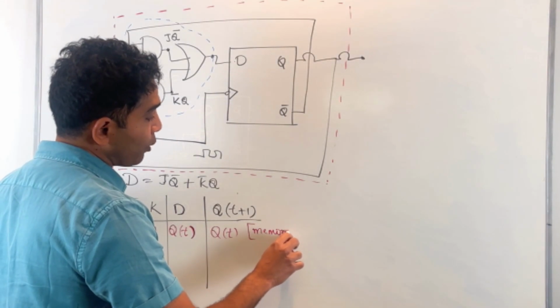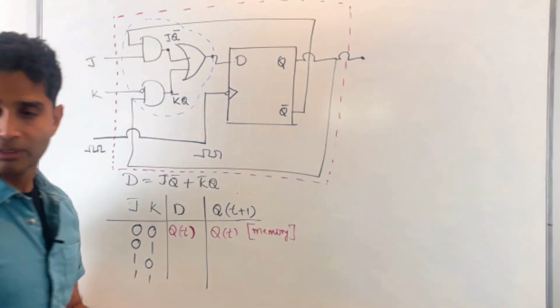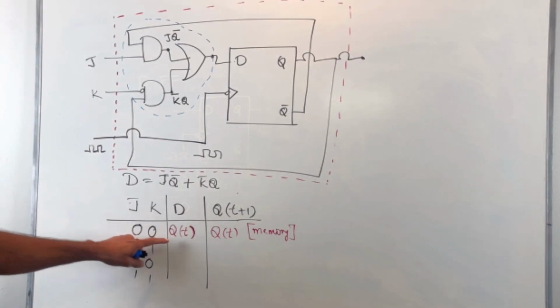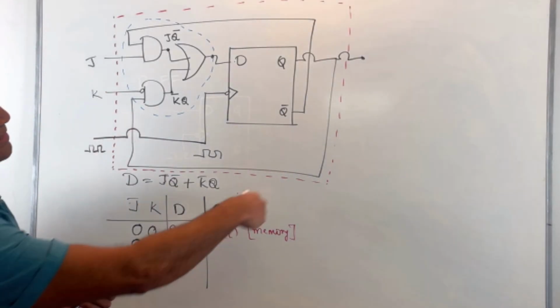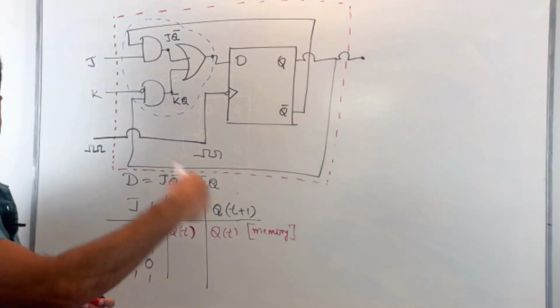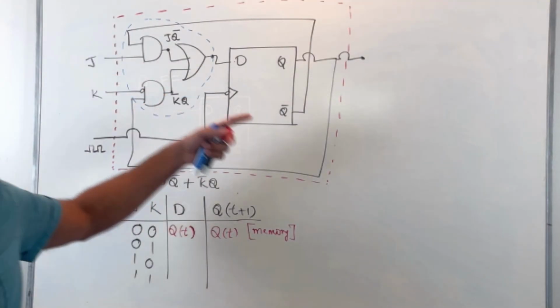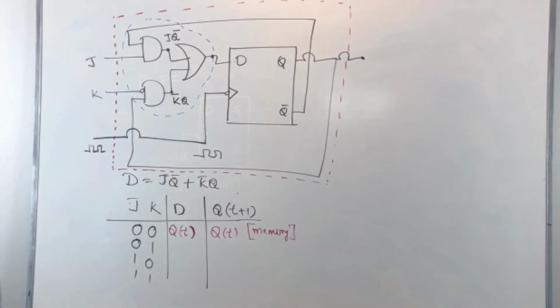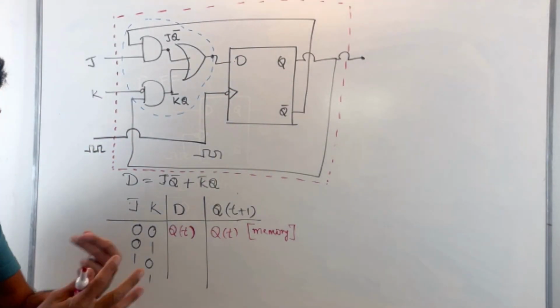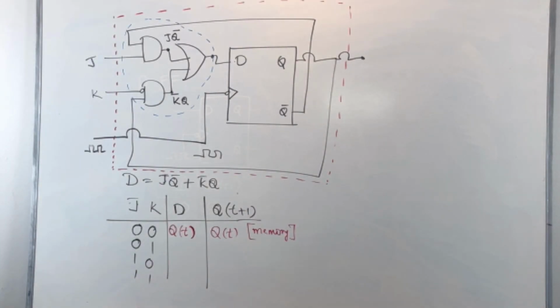So when you don't want to change the output for that particular configuration, we'll just place J and K to be zeros, in which case my output just gets recirculated back to the input. With every clock pulse, that same output gets recirculated back to the input, and with every triggering instance, that same input goes to the output, right? So basically that's your memory state, memory condition.